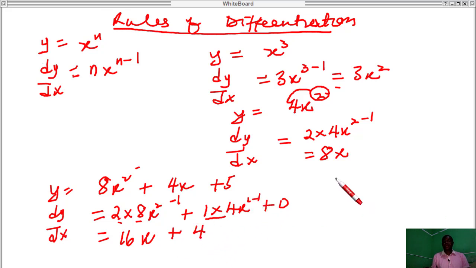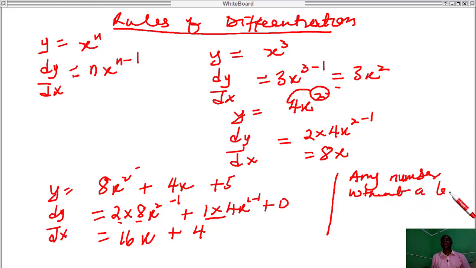Now we have to take note. When we are differentiating, any number without a letter or variable like a, x, y and so forth, it should be equal to 0. Don't even write it. That is 1. 2.